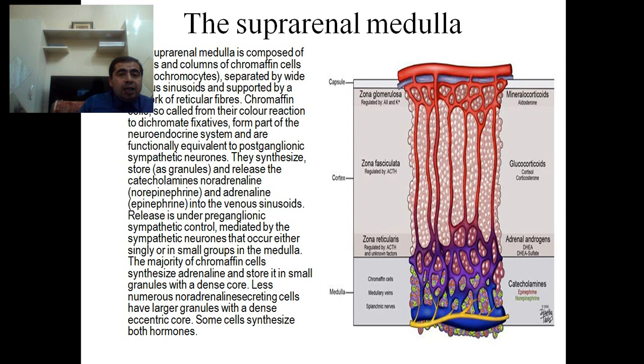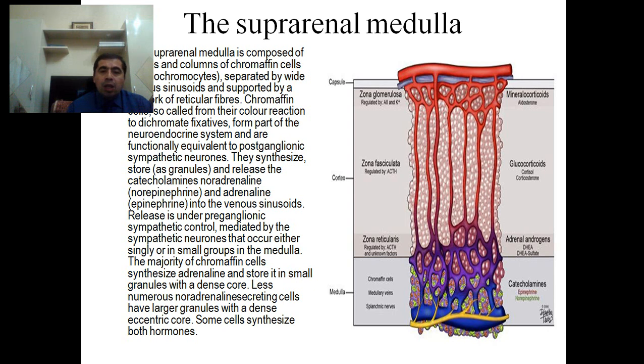About the medulla, the suprarenal medulla is composed of groups and columns of chromaffin cells. They stain well, are separated by wide venous sinusoids and supported by a network of reticular fibers.